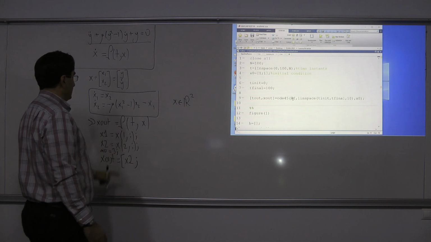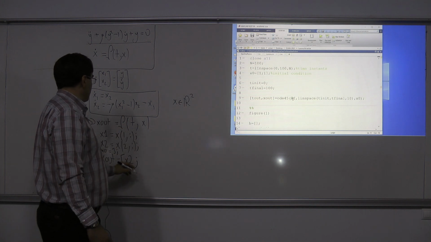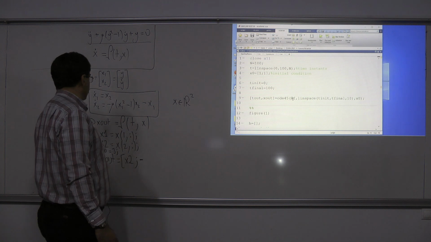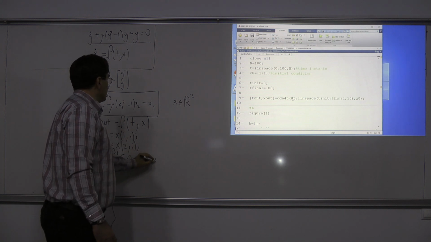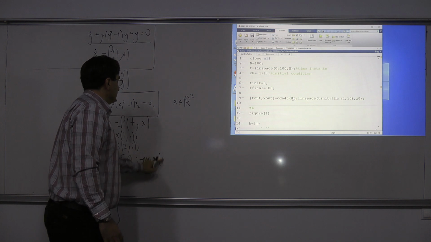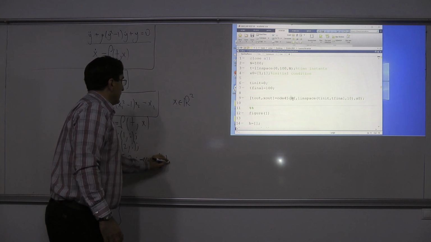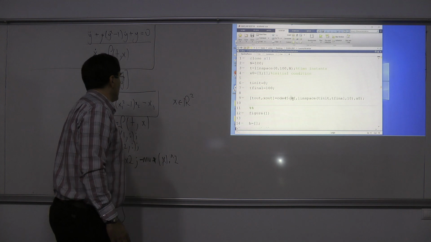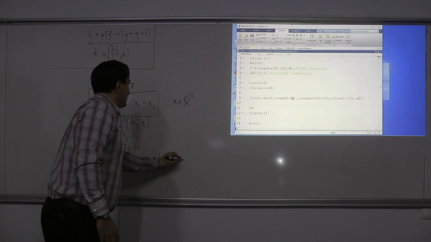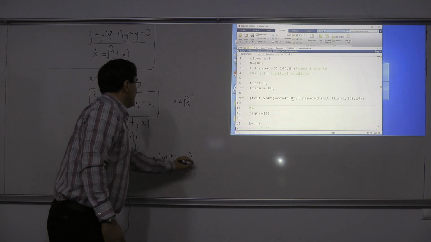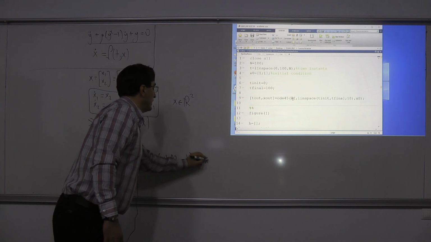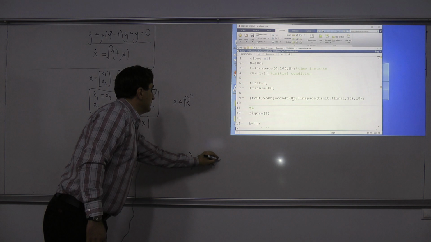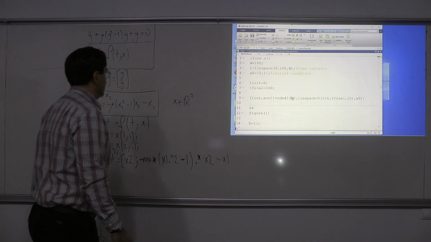Okay, and then I will write here the second row of this output, which is going to be minus mu times x1 square. x1, I will take the square of this array, I will subtract 1, and then I will multiply it with the x2 array, and then I will subtract x1 from it.